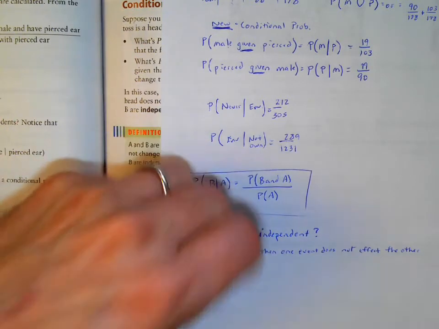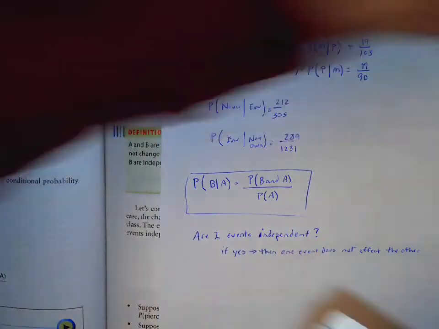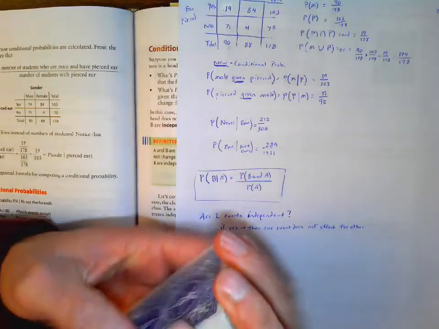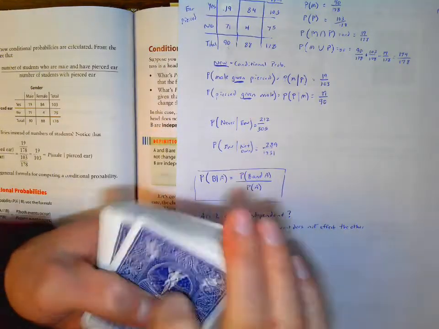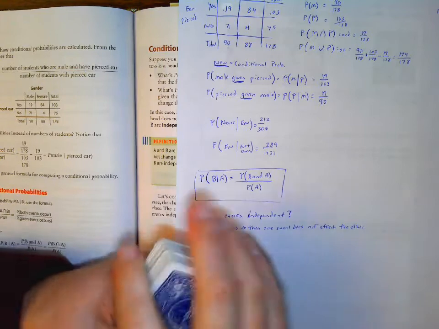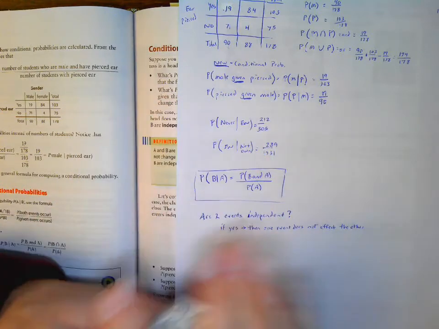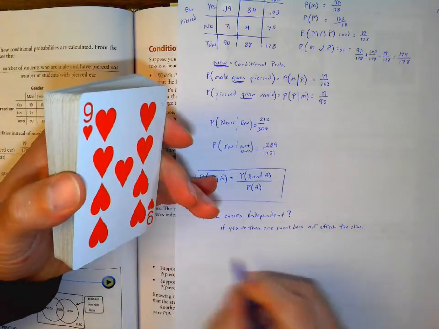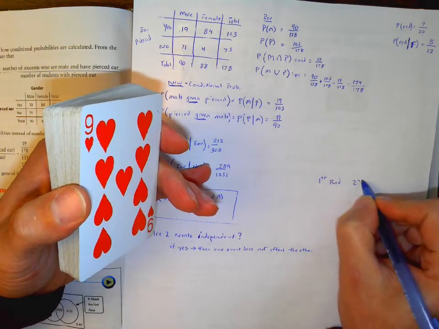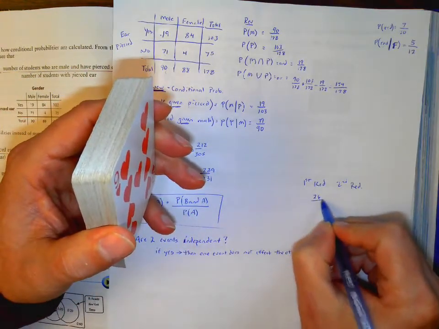Now I'll give you an example of not independent. Let's say we take these cards here, and we'll take red. The probability of getting a red card, when I mix them all up, is 1/2. Half of them are black and half of them are red. If my first event is a red card and my second event is a red card, there are 26 reds out of 52 cards.